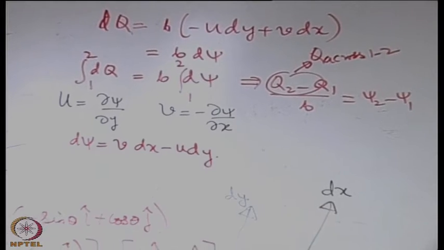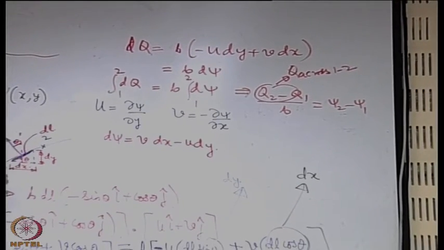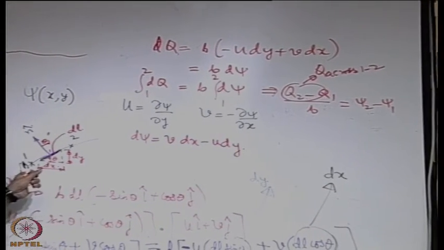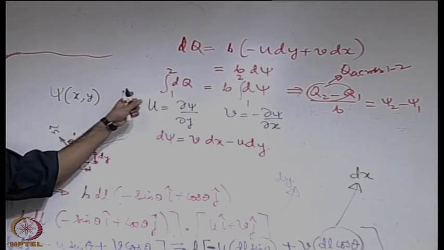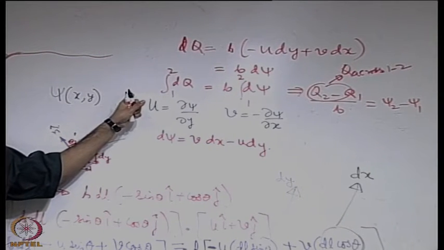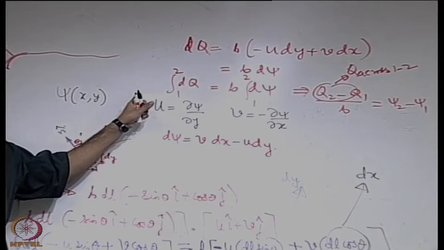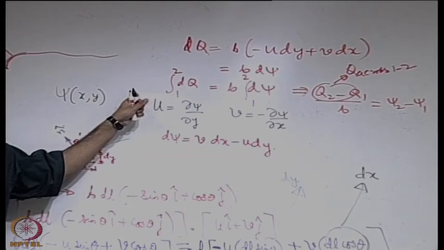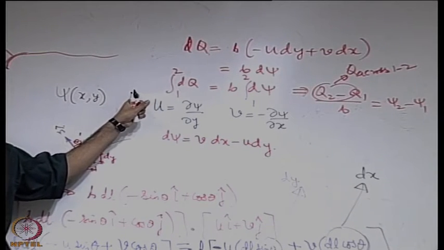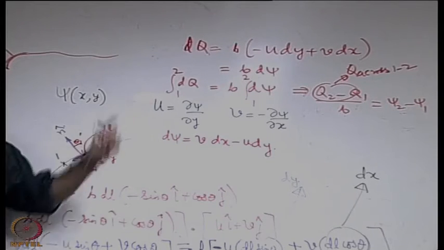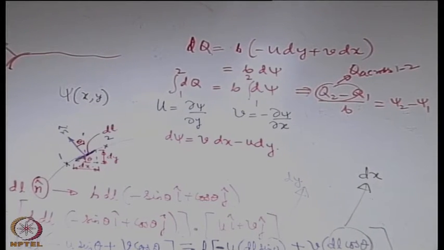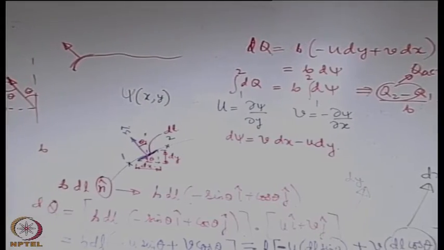You can clearly see that if psi 2 equal to psi 1, that is if the values of the stream function are same, then there is no flow, and it is quite logical because we have defined streamlines in such a way that the velocity vectors are tangential to the streamline. So a very important corollary of that is there cannot be any flow across a streamline.